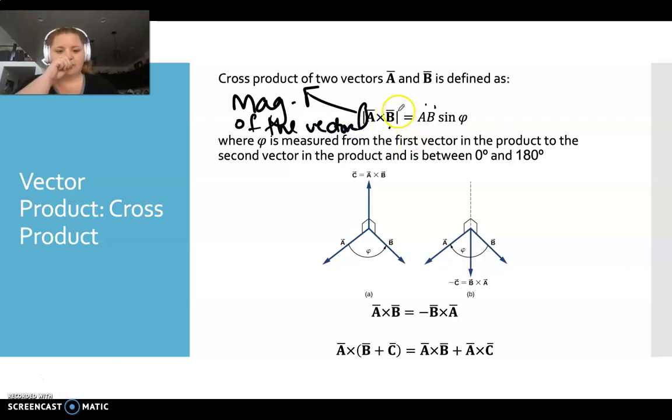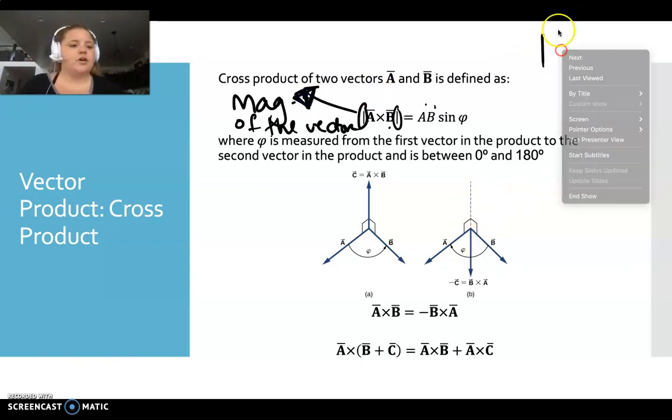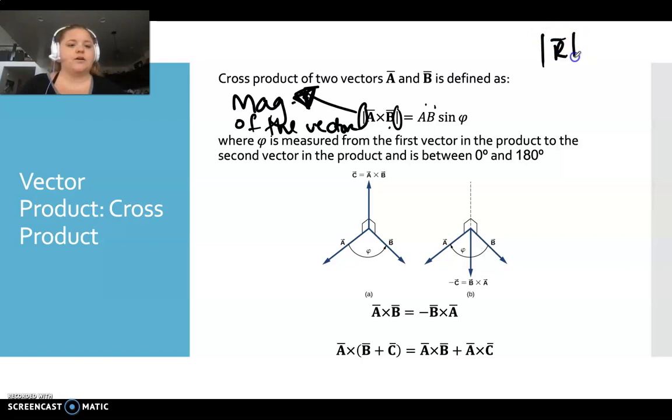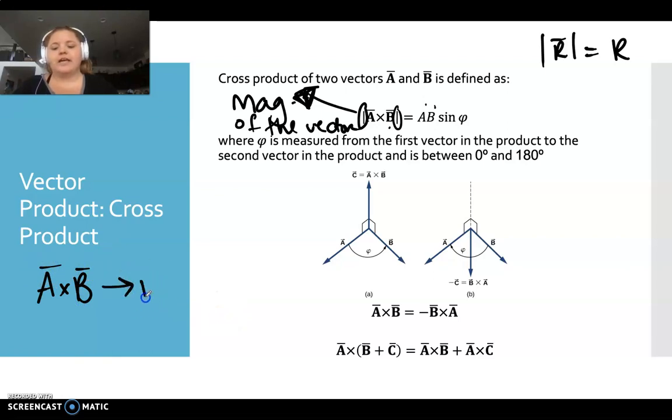If I say the magnitude of R bar, that's the same as saying R. Now, if I'm not taking that, if I'm just saying A cross B, this will result in another vector. So that's one of the main differences between a cross product and a dot product.